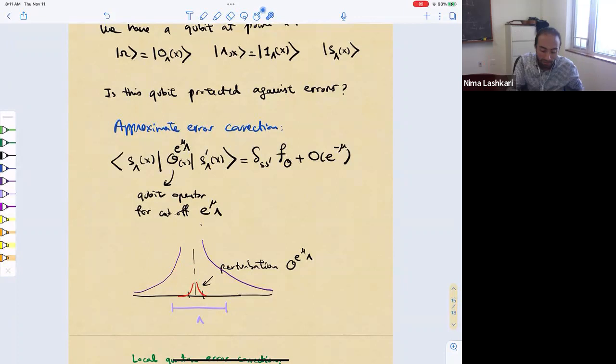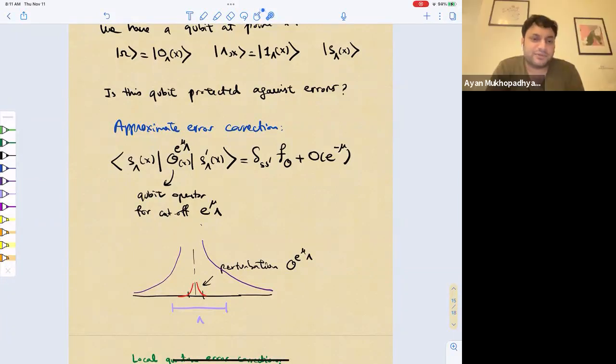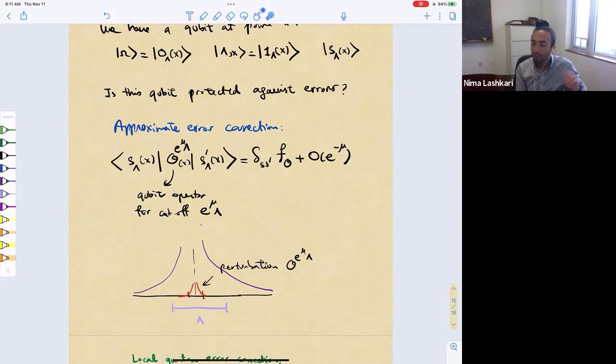This equation will continue to hold if I put the error at Y, as long as Y minus X is smaller than lambda. So I can move this error around. For simplicity I was just writing it this way, so I didn't want the equations to have more arguments. If I move this error within this region, I still have a nice protection. I see, okay, that was my confusion.